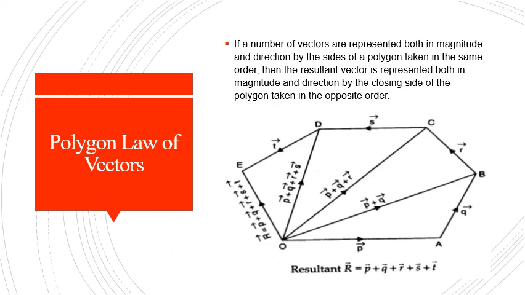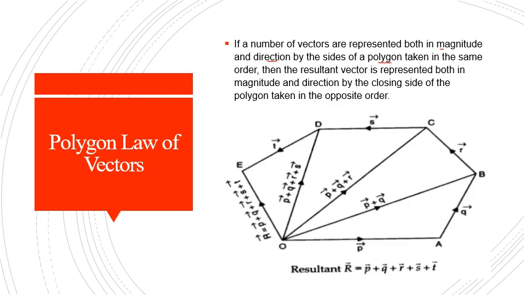Okay, so that is the polygon law of vectors. Shall we see the statement, students? If a number of vectors are represented both in magnitude and direction by the sides of a polygon. What do you mean by polygon? Poly means many. So a particular structure has many sides, right?